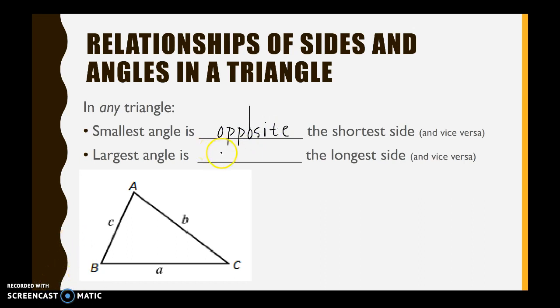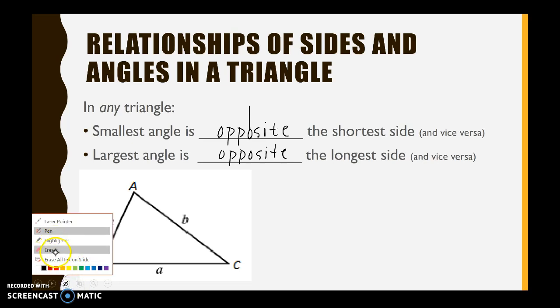Similarly, the largest angle will always be opposite the longest side, and vice versa. Okay, so the longest side will always be opposite the largest angle, and the shortest side will always be opposite the smallest angle.